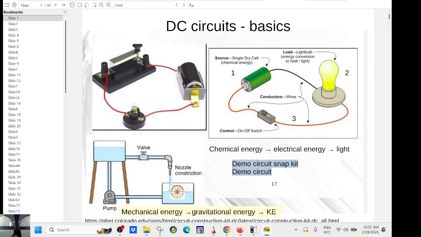So here you have a hydraulic system, with a pump. The pump is like the power supply. It's going to increase each gallon of water to a higher potential energy. So gravitational potential energy there will be electrical potential energy here. And that energy can turn into kinetic energy.